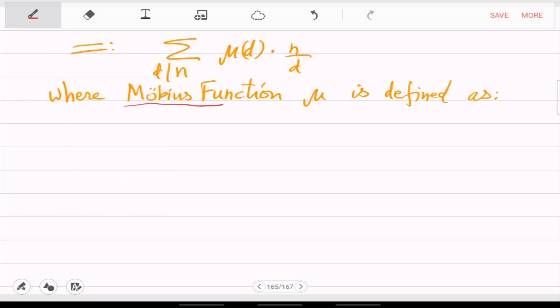So the Mobius function is defined essentially as follows.